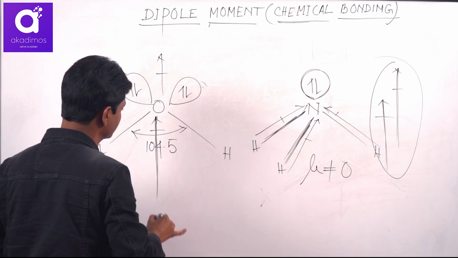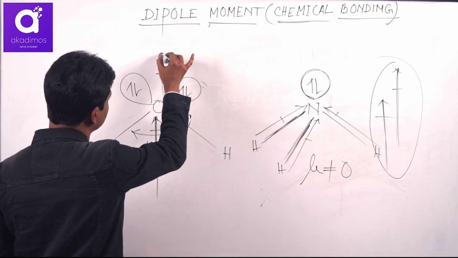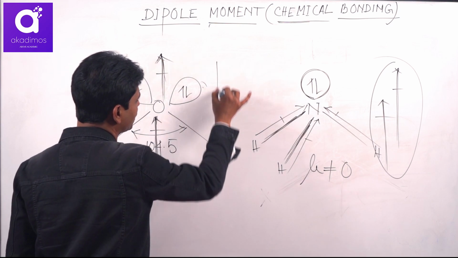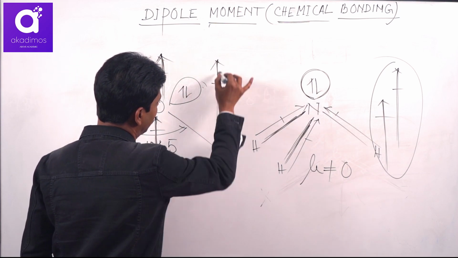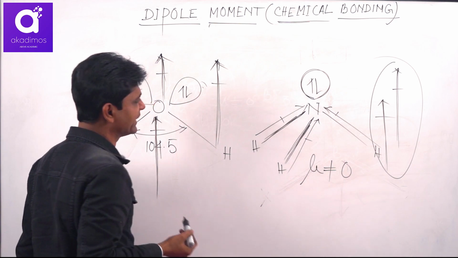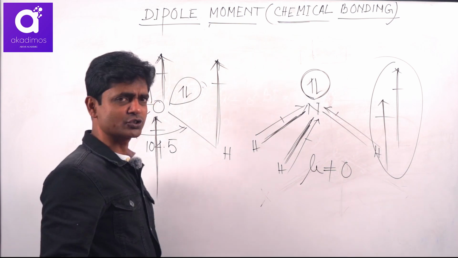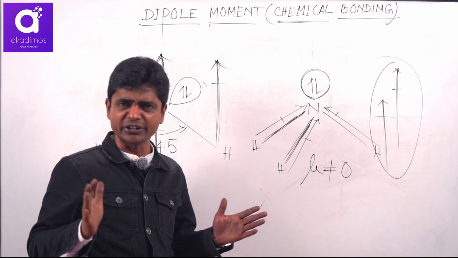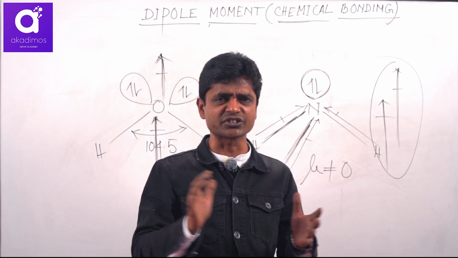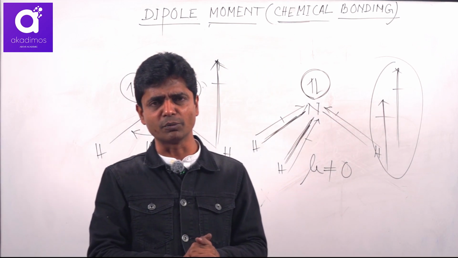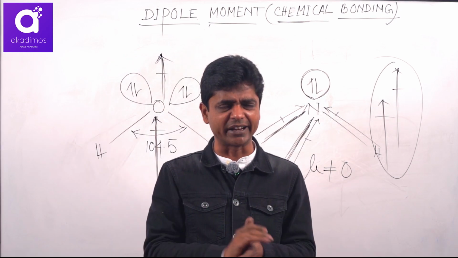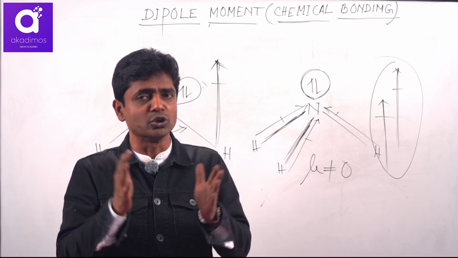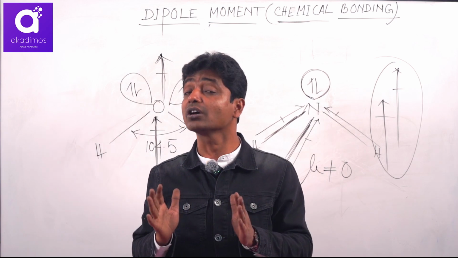Both operate along the same direction, and the resultant molecular moment of the water molecule is very high. And you know water is a liquid due to hydrogen bonding, and its dipole moment is very high, so its dielectric constant value is very high. That means from the molecular shape and the bond moment, you can predict whether its dipole moment is high or low, or whether it is 0 or non-zero.